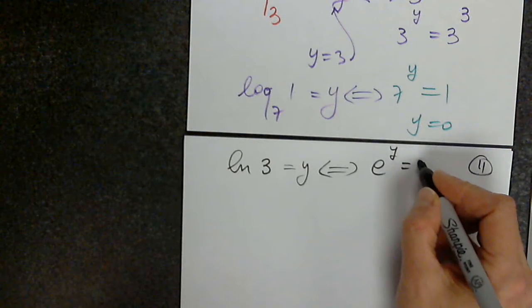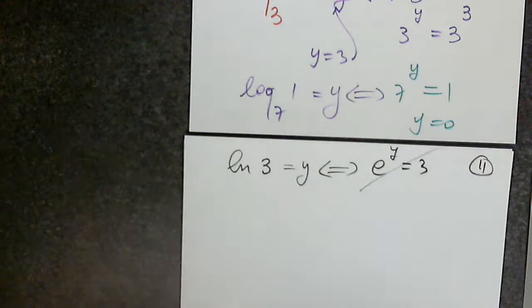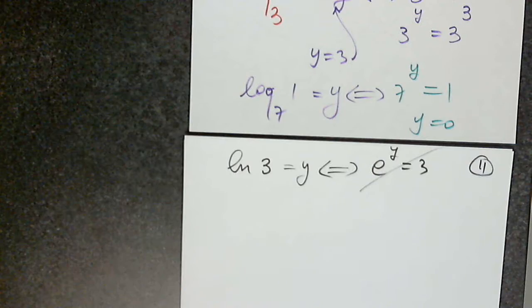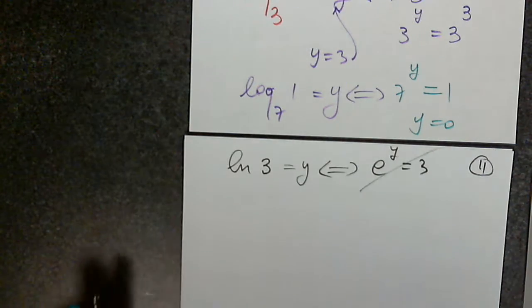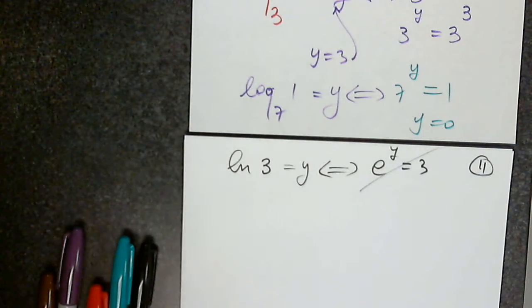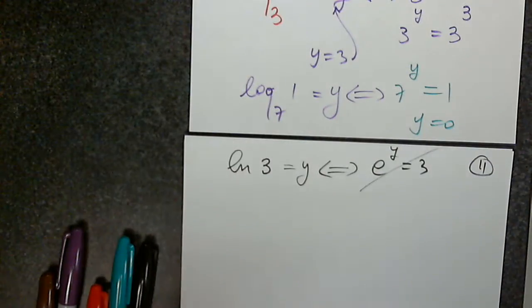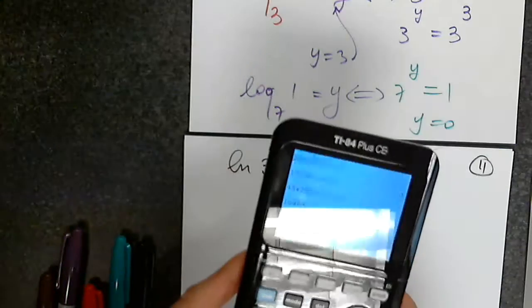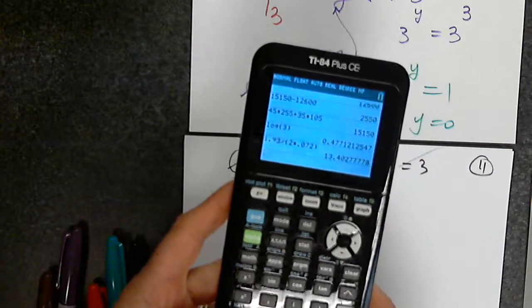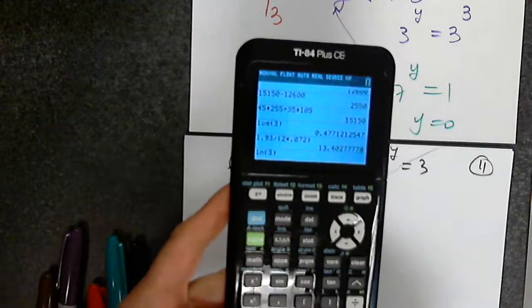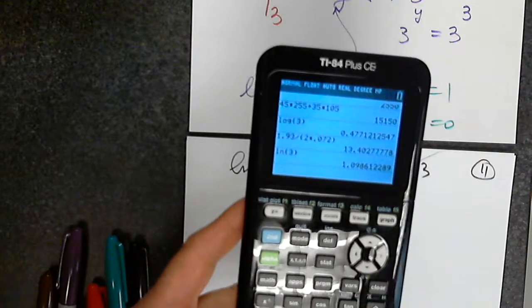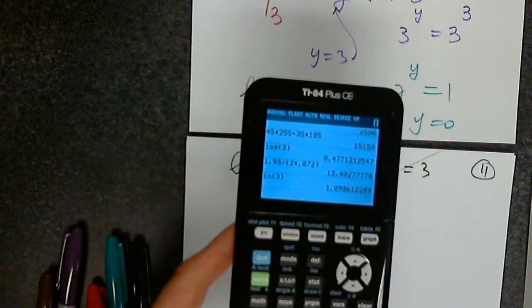E raised to y equals 3. I don't know in this class how to solve this. I have to wait till the next class. So all I'm asked to do is just plug it in. Okay? So in natural log 3, close the parenthesis, I got 1.09861.